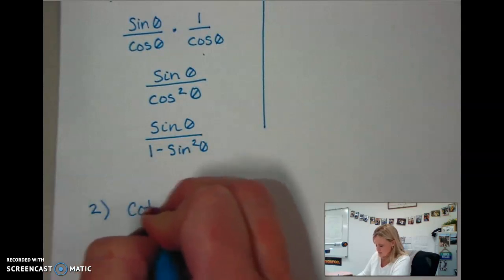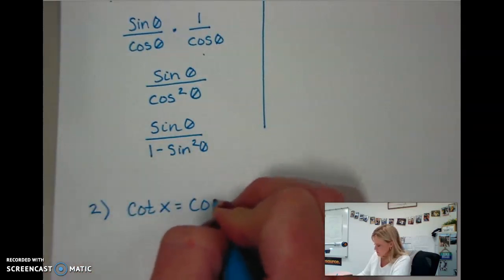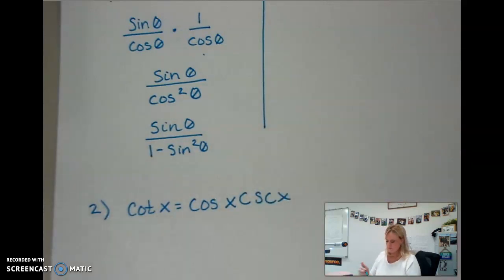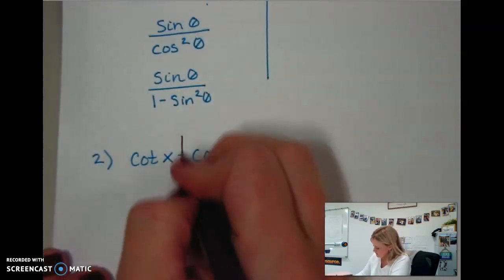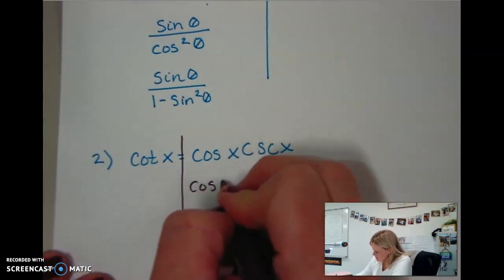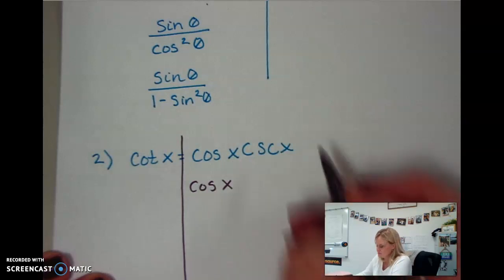The cotangent of x equals cosine of x times the cosecant of x. So again, it's up to you what side you pick. I'm just going to go with the right-hand side this time. This is already in terms of cosine, so I don't need to do anything.